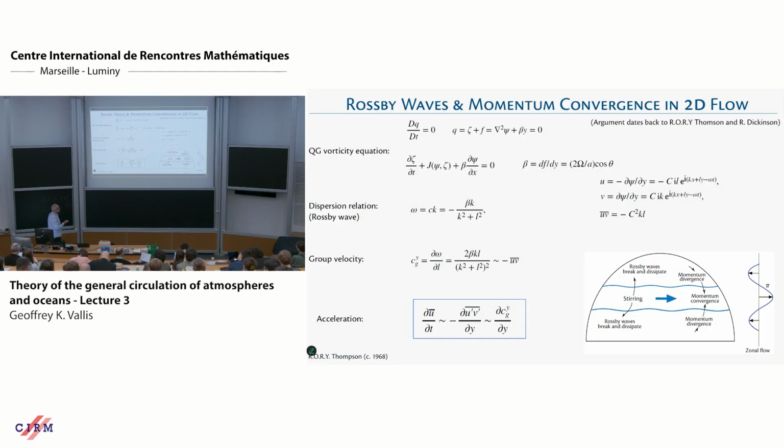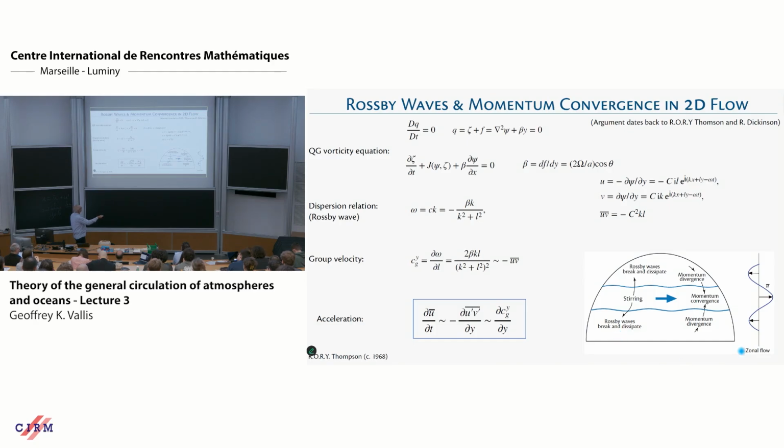So, if the group velocity is directed away, so up here, the group velocity is positive, and KL must be positive. Down here, the group velocity is going away from the disturbance southwards, towards the equator, and so KL is negative.